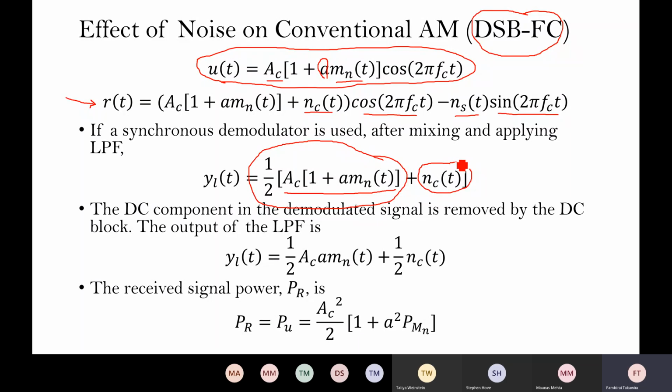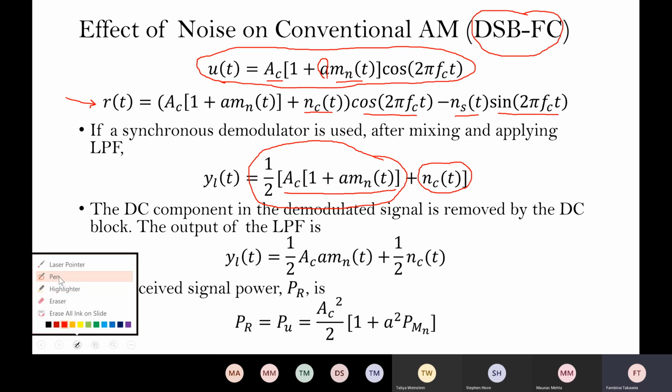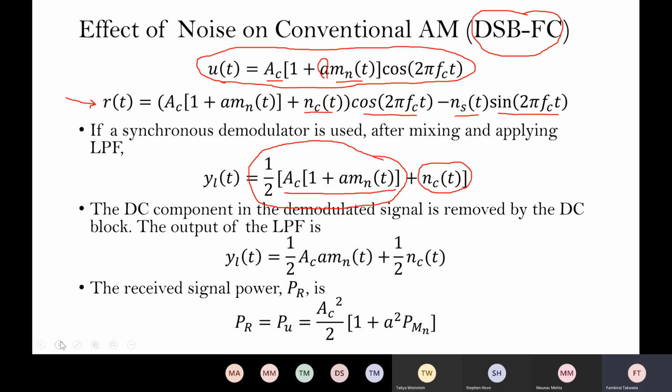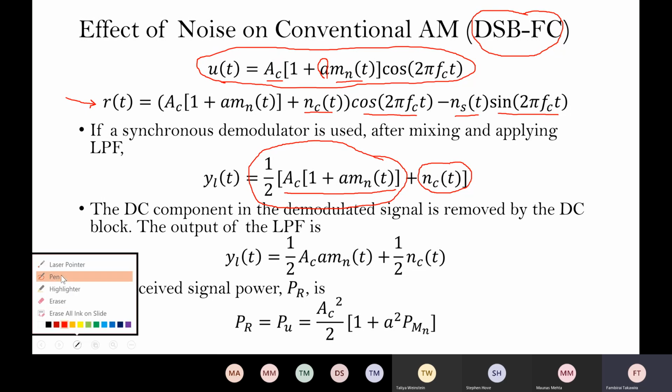But in the case of conventional AM, we are not interested in the DC component. The DC component is the component with A_c multiplied by 1/2. So the only component that we are interested in is the component that has the baseband signal, the component with the m_n.